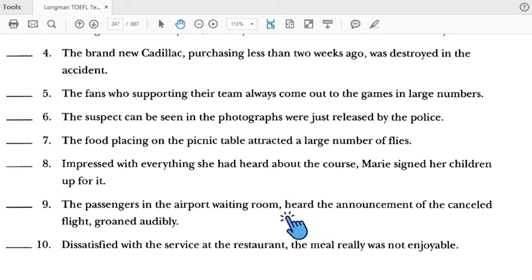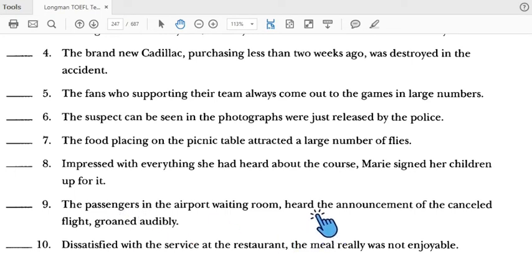If we put the passive voice here, "who was heard", that is not an appropriate meaning. So we change "heard" to "hearing". That is proper because it's people, passengers, so "hearing".